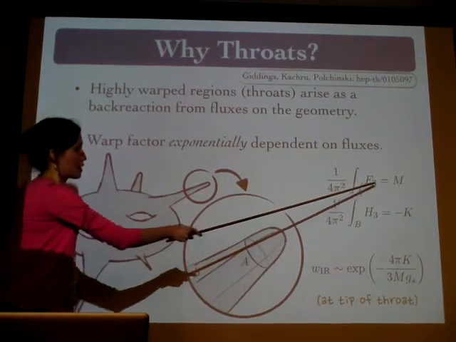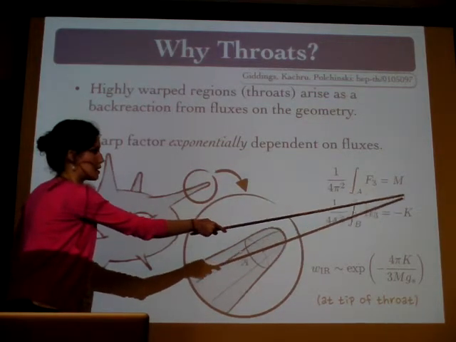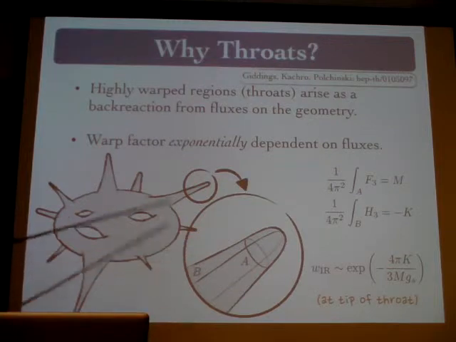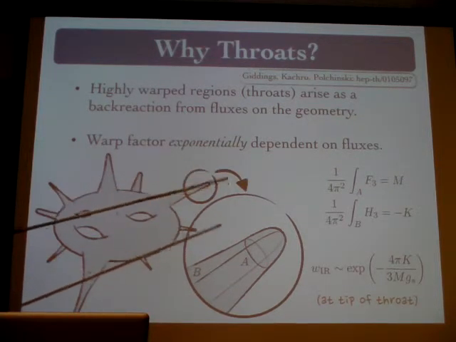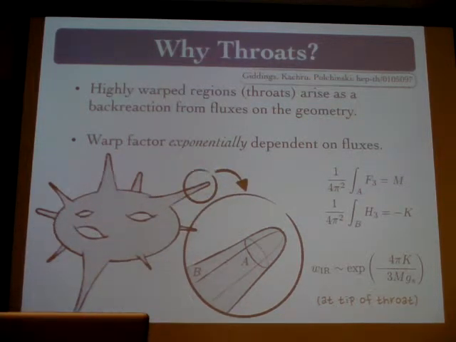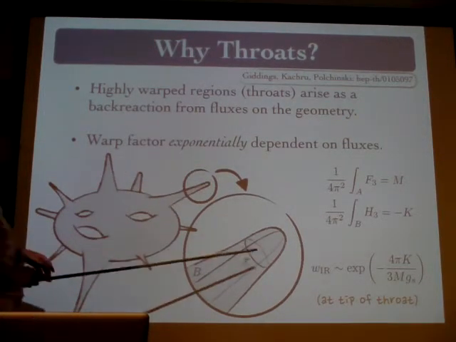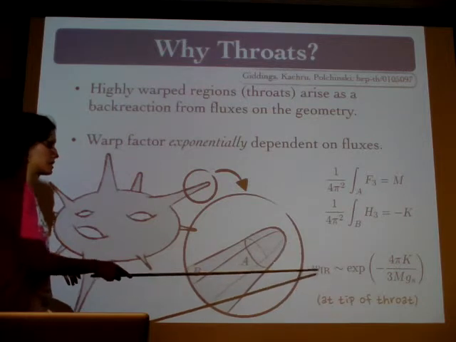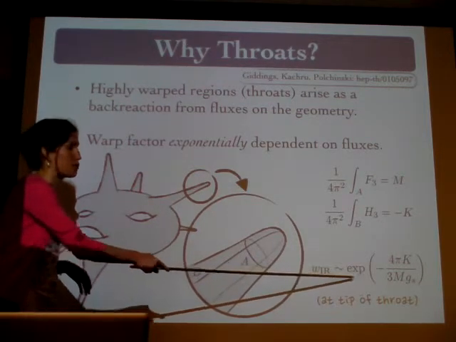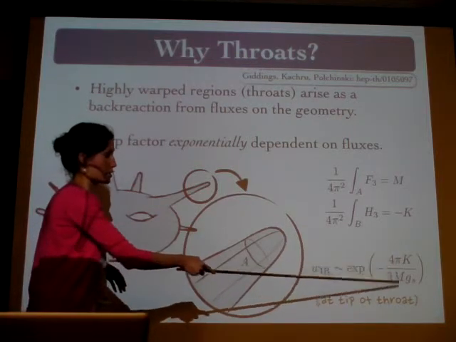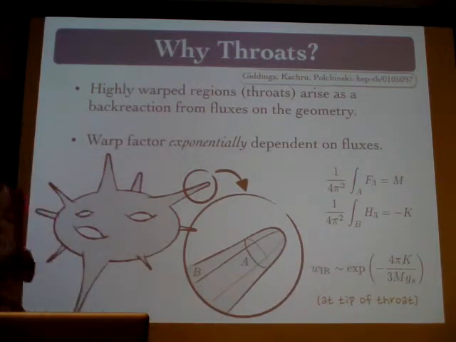And the amount of flux will be just characterized by some integer numbers that here we call M and K. So each one of these throats will have some amount of flux characterized by these 2 integer numbers. And the statement that these throats appear as a back reaction from the fluxes actually means that the warp factor at the tip of the throat is given by this expression. So it depends exponentially on what the values of these fluxes are.